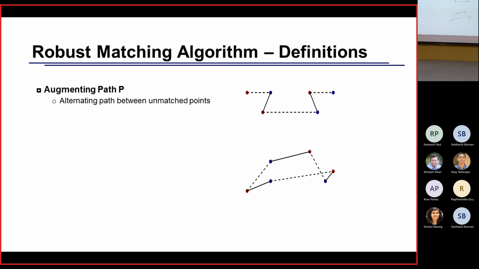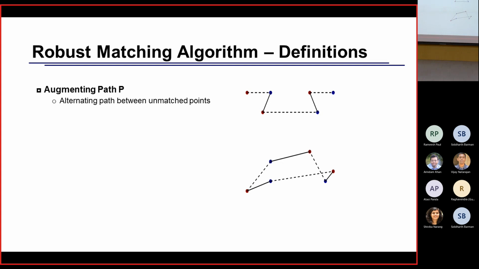Most of you may know this, but an augmenting path in the context of matching. So here, the set of black edges is a matching that we have. And an augmenting path with respect to this set of solid black edges is really, for instance, this one, which is basically a path that alternates between non-matching and matching edges, and which starts at a free vertex and ends at a free vertex, right?